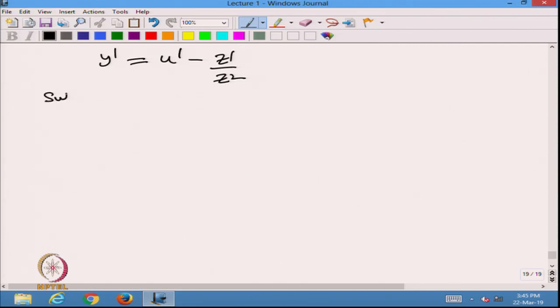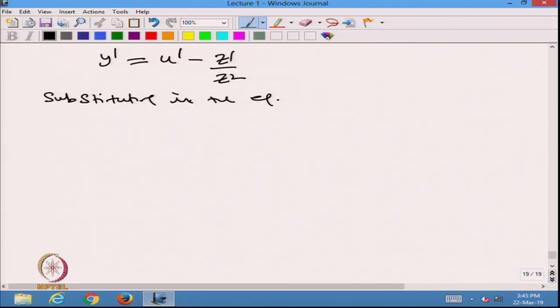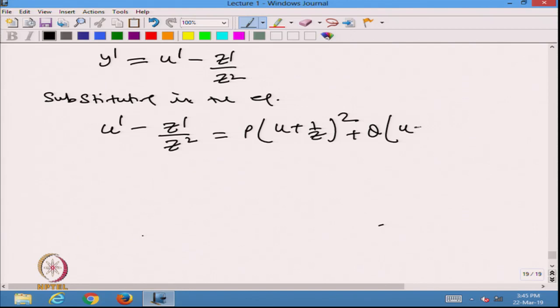Now, substituting in the Riccati equation, which I can name as R, I can write u dash minus z dash over z square is equal to p times u plus 1 over z whole square plus q times u plus 1 over z plus r. So, this is the equation I got.